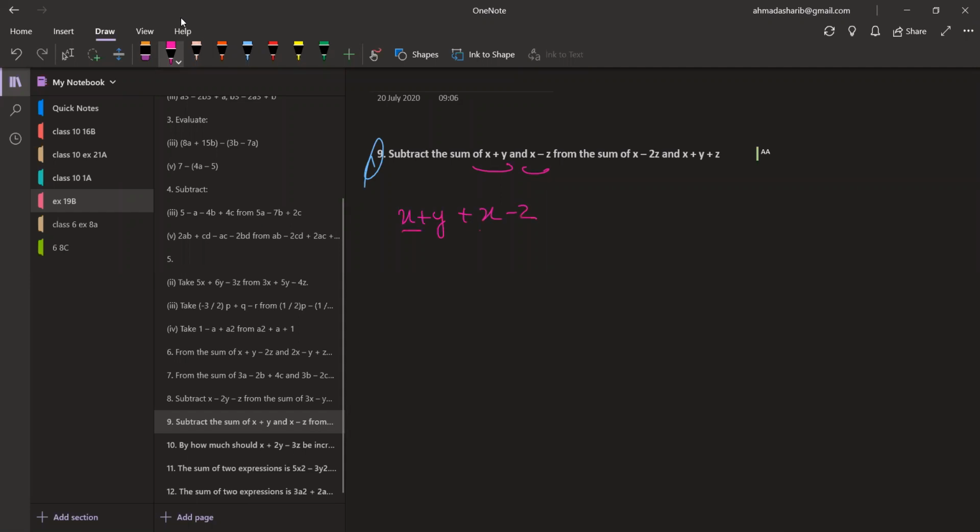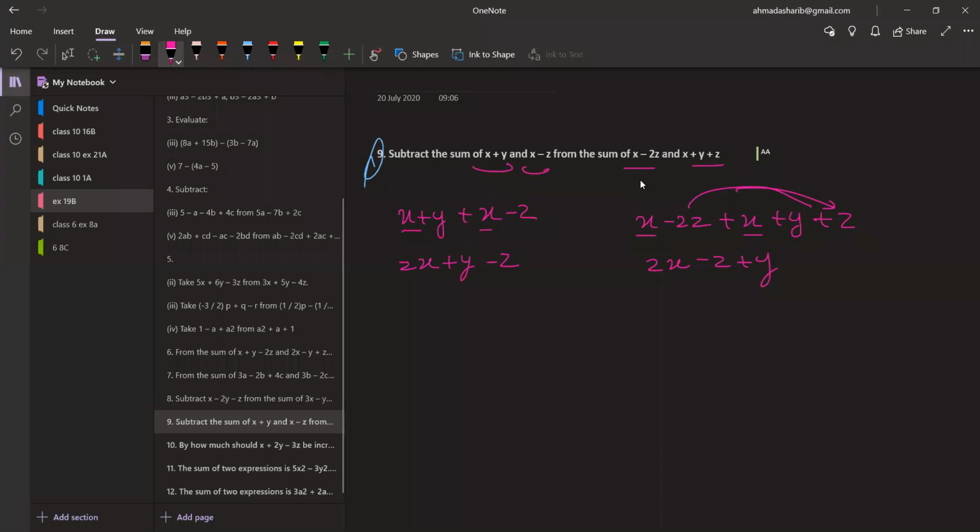It will be x plus x 2x plus y minus z. Now find the sum of this and this. So x minus 2z plus x plus y plus z. So it will be x plus x 2x, then minus 2z plus z minus z plus y. So this is the sum.